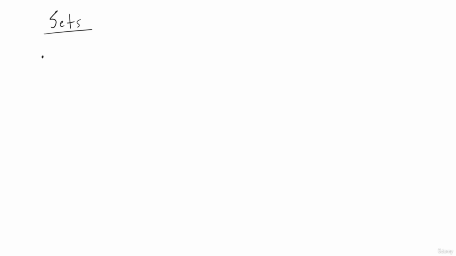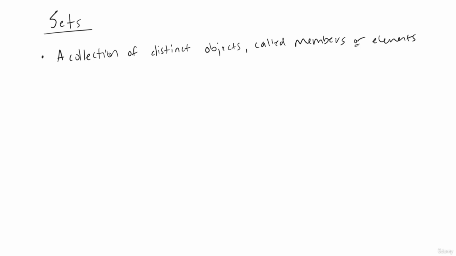I would define a set as a collection of distinguishable, let's call it distinct objects. And these objects are called members, or we can actually call them elements. Members or elements.